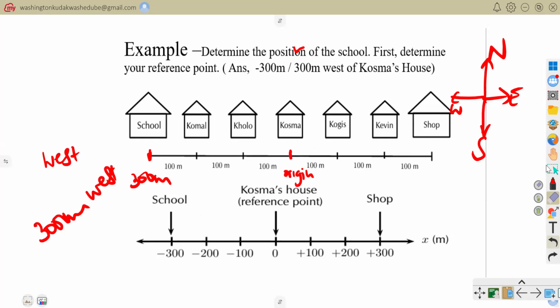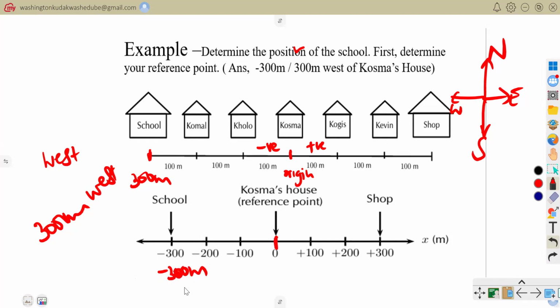let my east be a positive. So that you would know that when you are going in this direction, you have positive distance, and if you are going in this direction, you have negative distance. So from your origin, which is Cosmos house, the school will be 100 meters plus 100 meters plus 100 meters, which is a negative 300 meters.